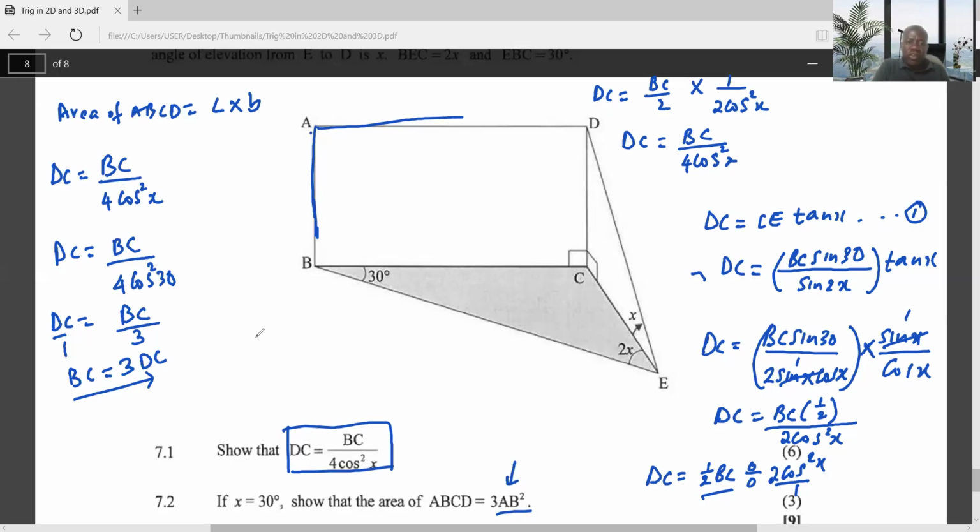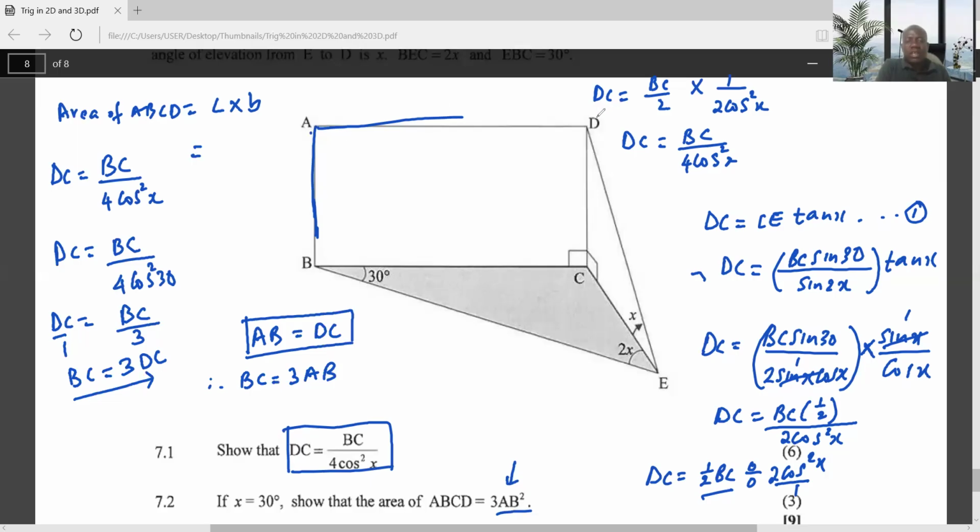But don't forget, we know that AB and DC are equal. So it means where there is DC, you can put AB. So what does this mean? It means BC is also 3 times AB. And what is the area of a rectangle?